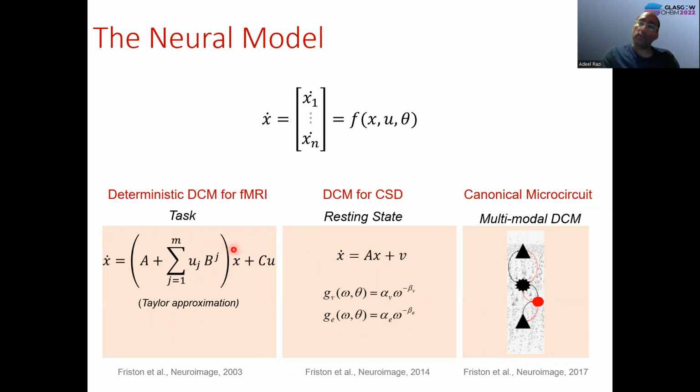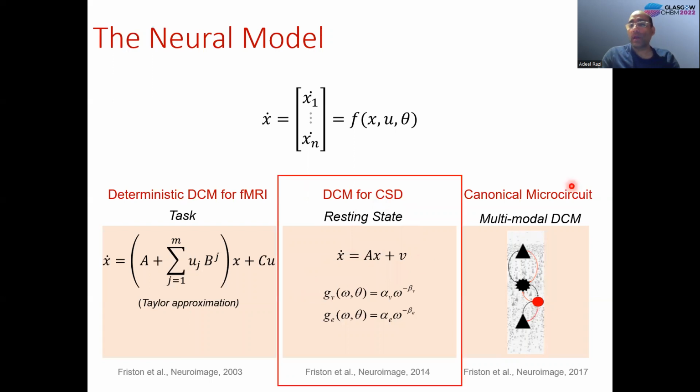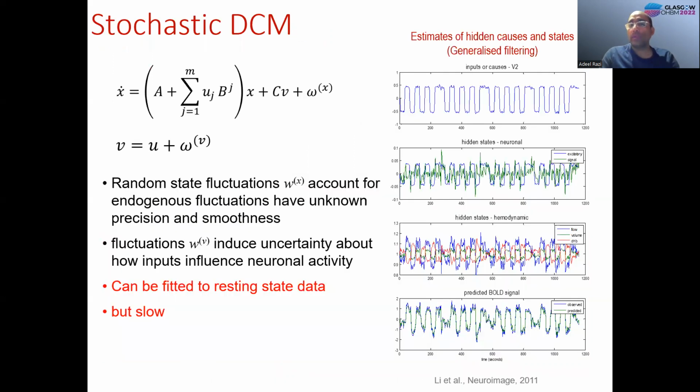So now we have derived this model formula. Now let's quickly look at resting state DCM. In resting state DCM, there's one specific flavor called stochastic DCM, which is very similar to what you see in a deterministic DCM. Only now we have also added a component which we call wx, and wx are the random fluctuations, which account for the endogenous fluctuations or the thoughts.